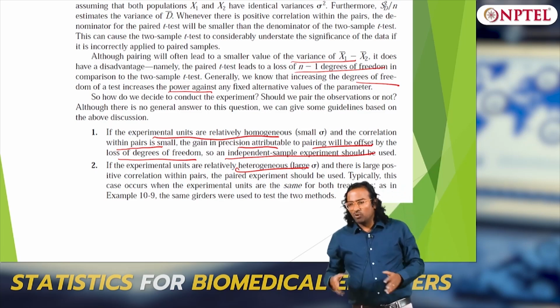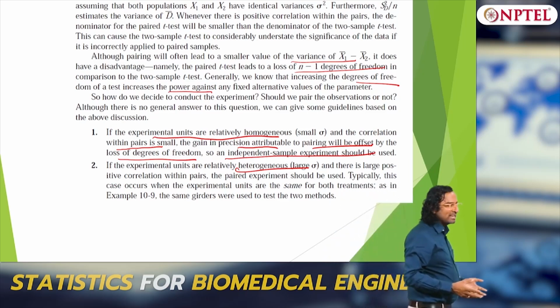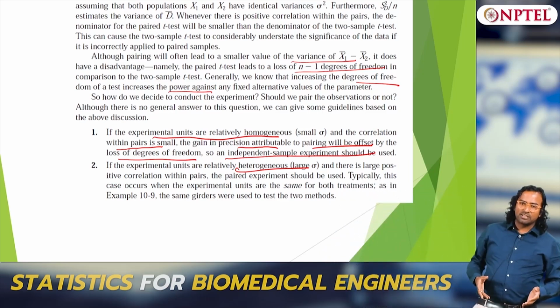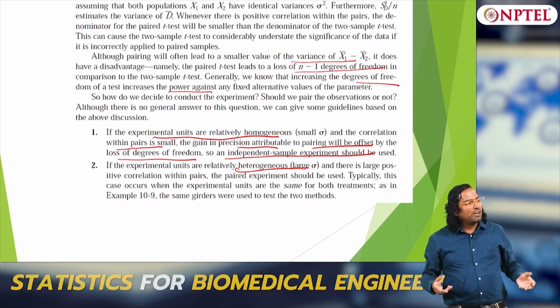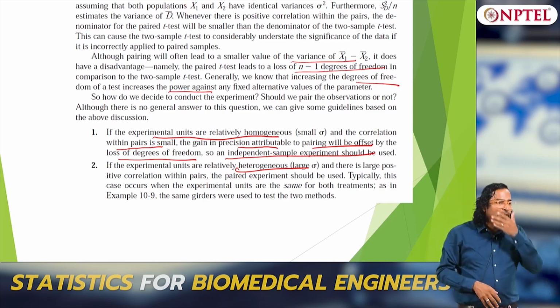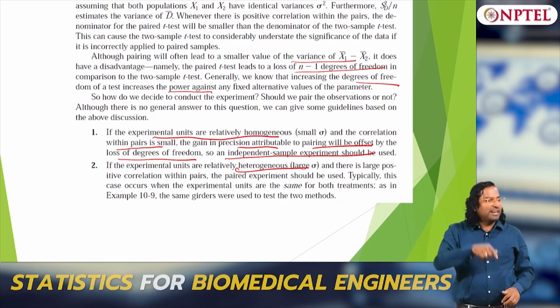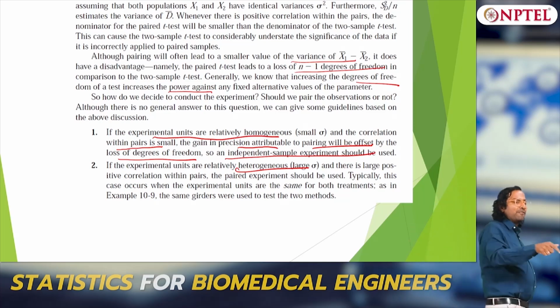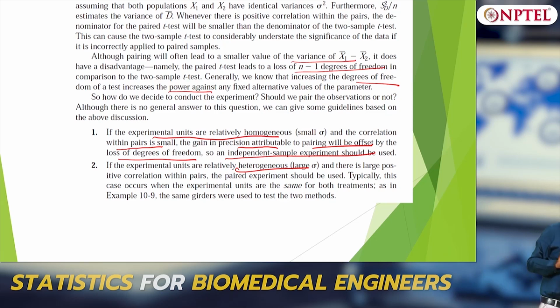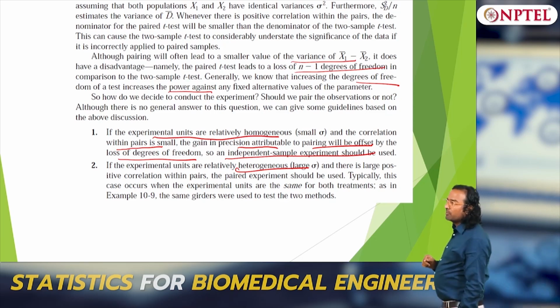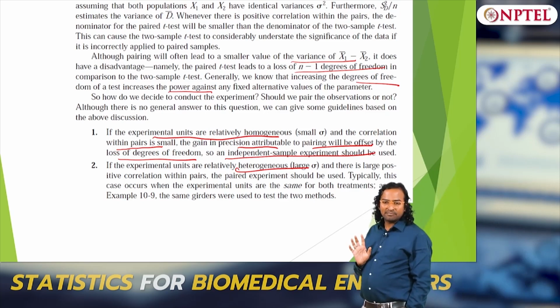The original population or samples are heterogeneous, and you enforce homogeneity by conducting a paired t test, because the way in which you do experiments itself enforces homogeneity. That is where you should think about doing a paired t test, clear.